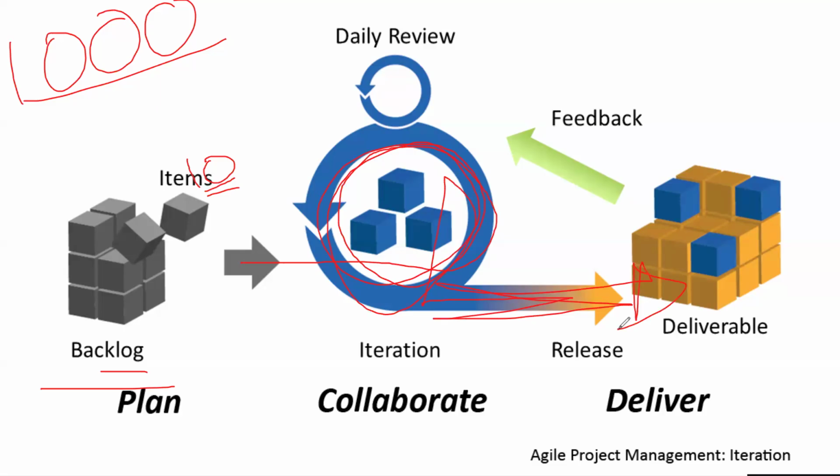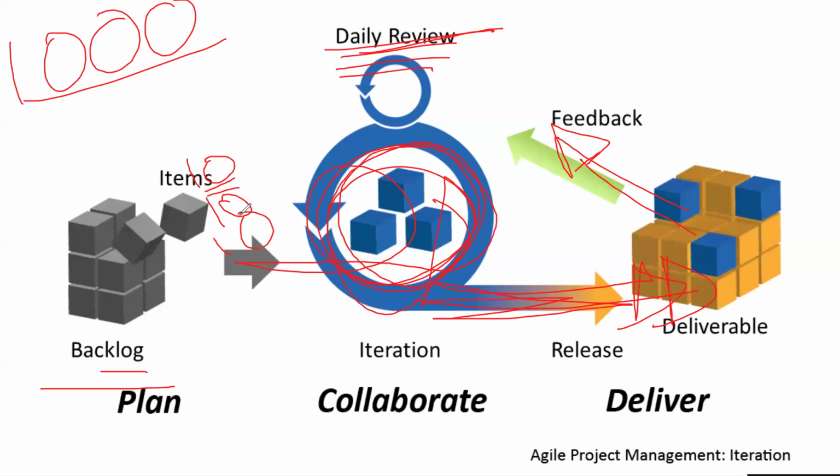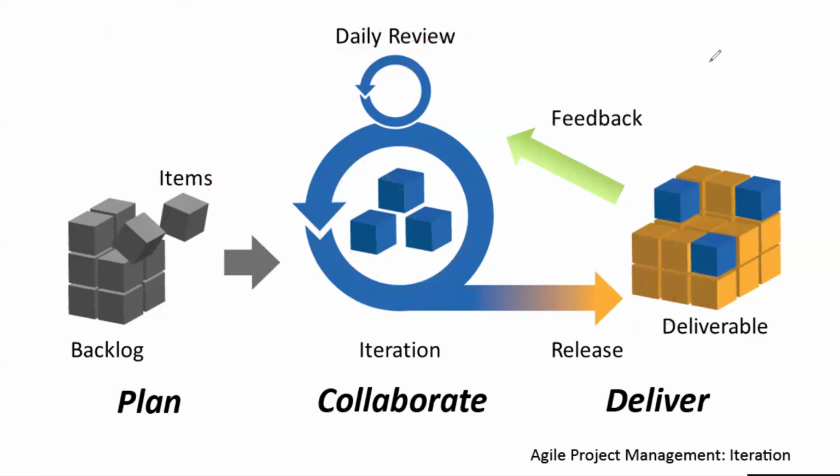Once it is delivered to the client, based on the client feedback, we review. Based on the review, the next iteration will be started. Again the same process: design, develop, test, and deliver. Again feedback and review. Again next iteration. This is a continuous process. So this is what exactly Agile is. Agile is an iterative incremental model.